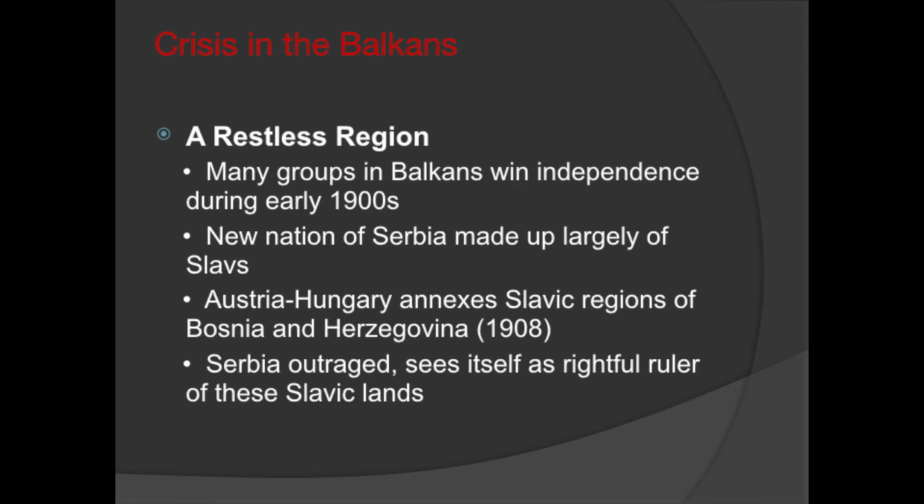They were made up largely of an ethnic group called the Slavs. Now, Austria-Hungary also annexed a country called Bosnia-Herzegovina in 1908. This outraged the Serbians because they felt that they were the rightful rulers of all Slavic lands, and they wanted to do something about this issue.